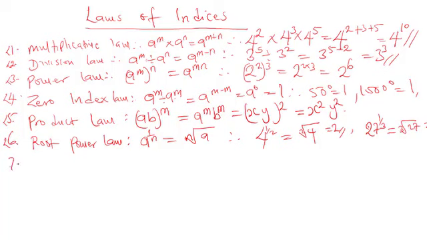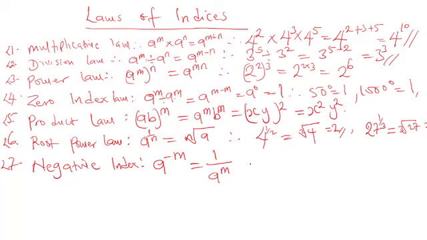Now we are going down to the negative index. The negative index law says that when you have a raised to the power minus m, it is equivalent to 1 over a raised to the power m.